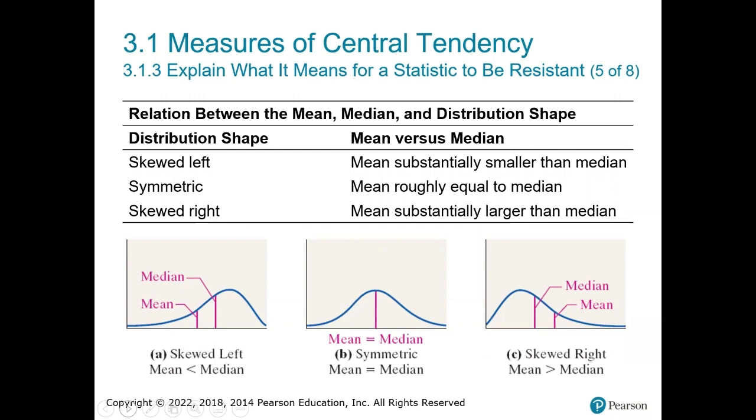In a skewed left, there ends up being really low values that are away from normal. So it pulls the mean down lower than the median. Okay, when your mean and median are roughly equal, you get that bell-shaped curve.